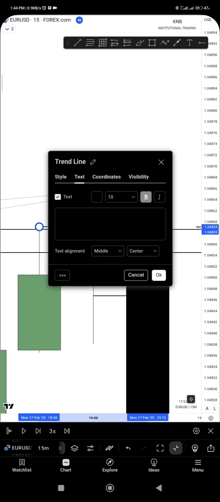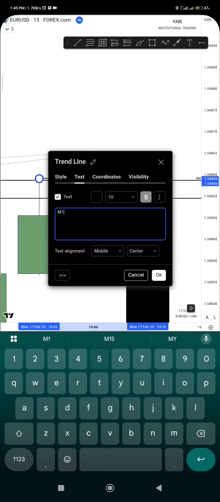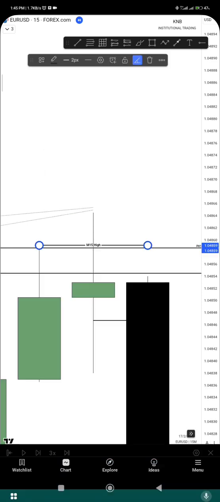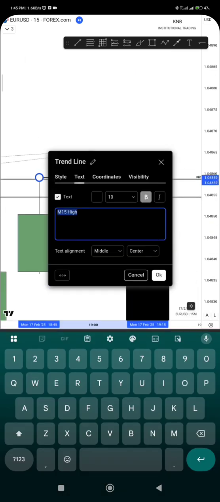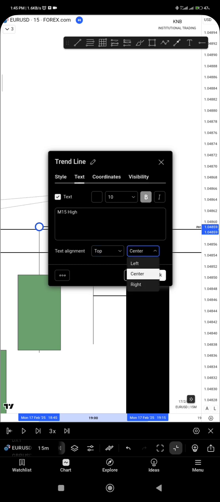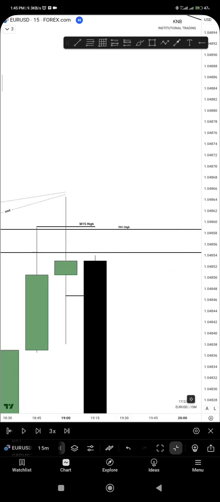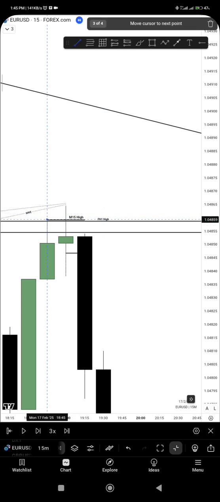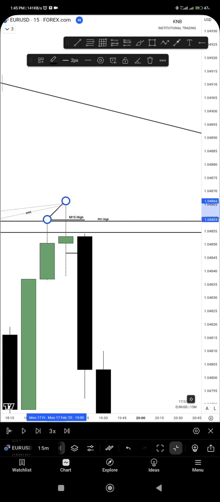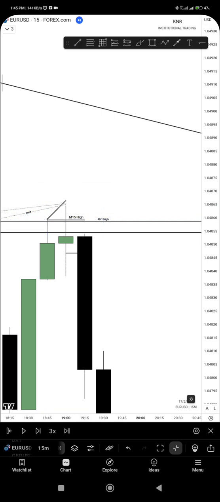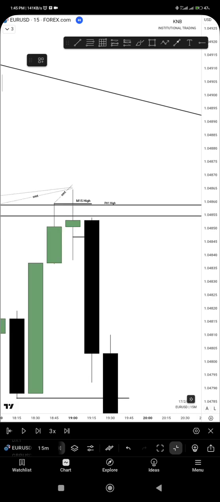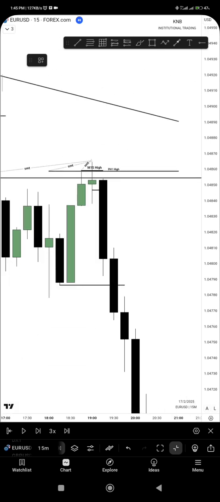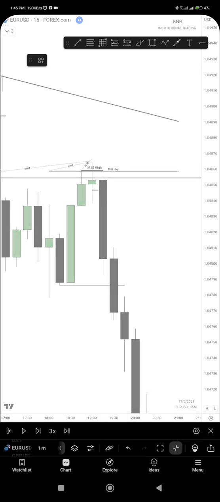This is now the M15 high. M15 high wasn't swept. So M15 high, H4 high, another SMT divergence at the highs. Simple. Now, where will your entry be? On the 1 minute time frame.